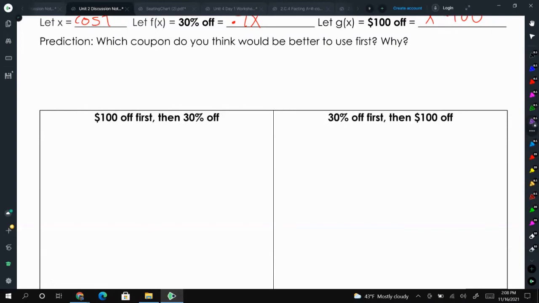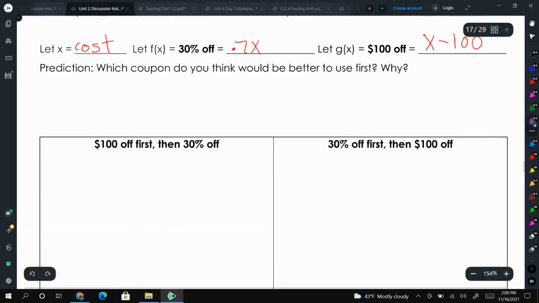So algebraically, $100 first and then 30% off. So what that means is I'm going to do f of g of x because I'm doing g of x first, which was x minus 100, and then plugging it in for f of x. So my f of x is 0.7x, but x is now x minus 100.